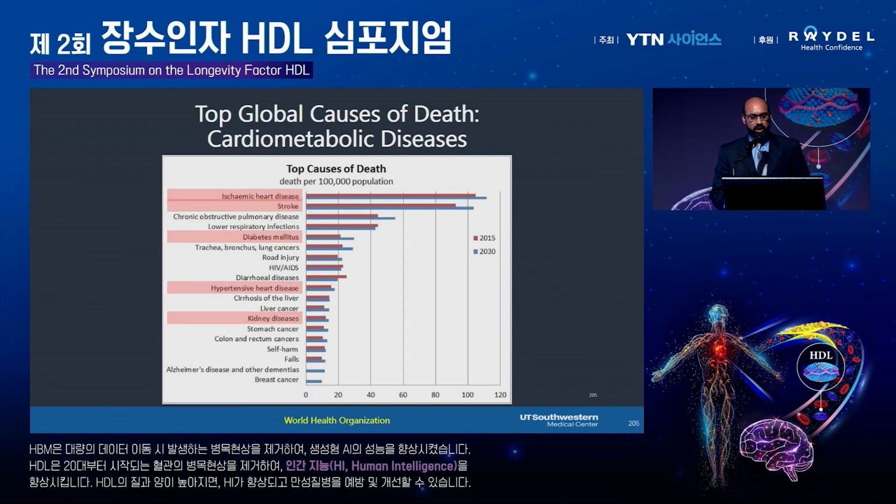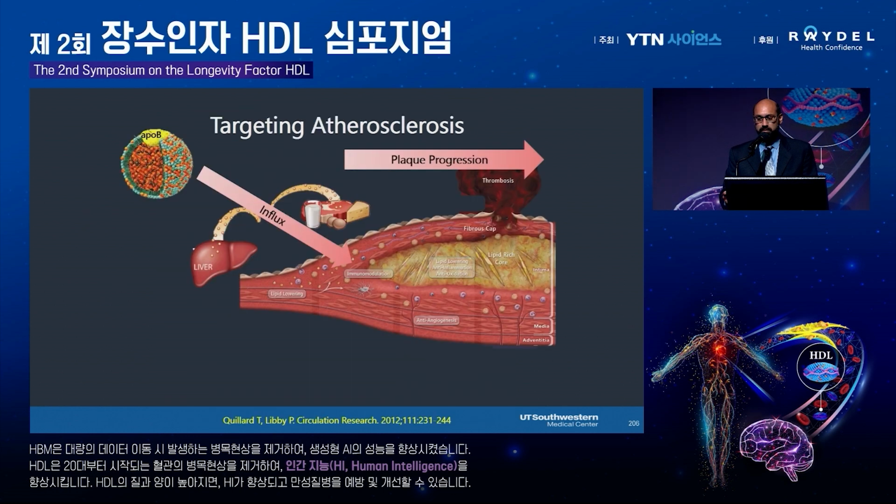So, of course, heart disease is the leading cause of death, but the topic here is the role of HDL in overall cardiometabolic health. And as you can see here, not only heart disease, but diabetes, hypertension, and kidney disease also are leading causes of death. So cardiometabolic disease is a highly impactful problem and an unmet need.